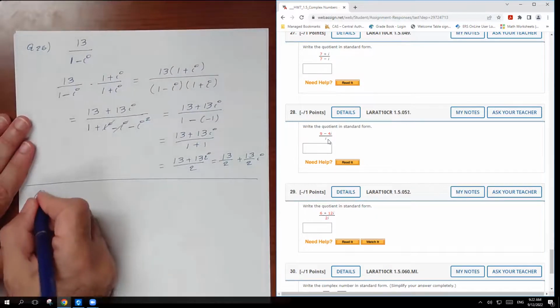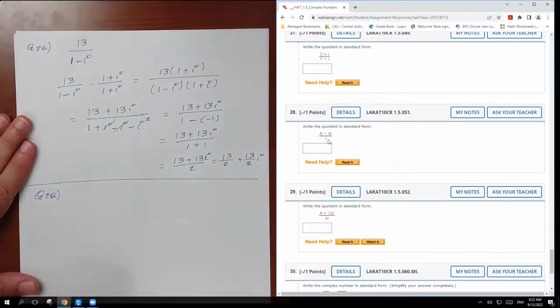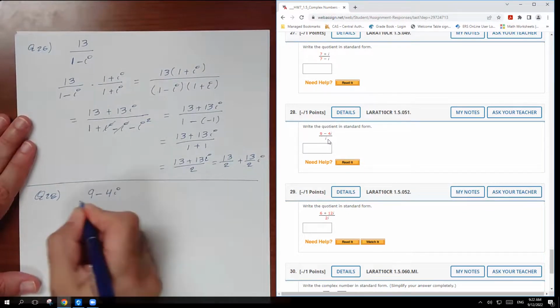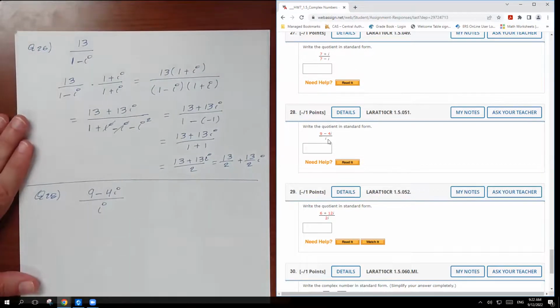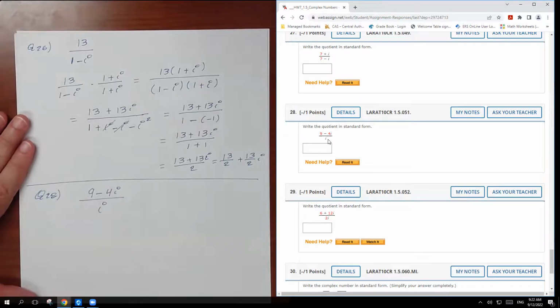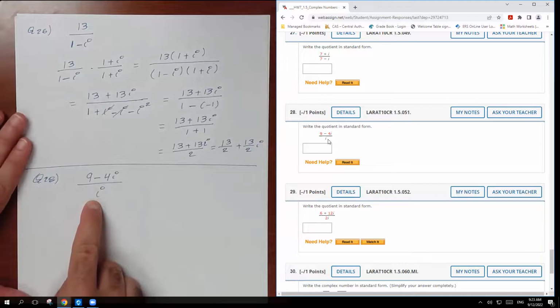So 28 is 9 minus 4i over i. Do not cancel this i with this one. It's going to be wrong. To simplify this one and write down the result in standard form, multiply by the conjugate. The conjugate for i is negative i.